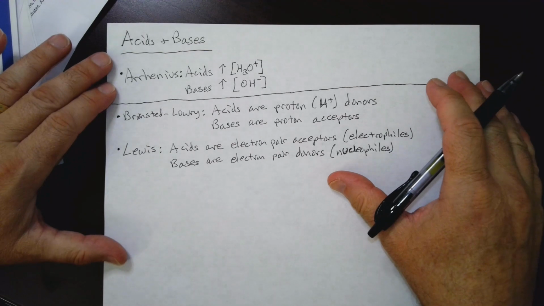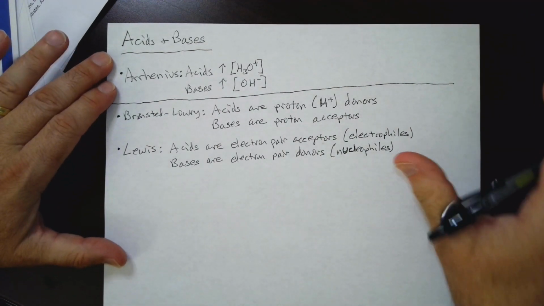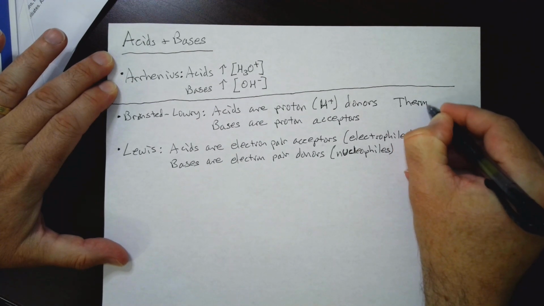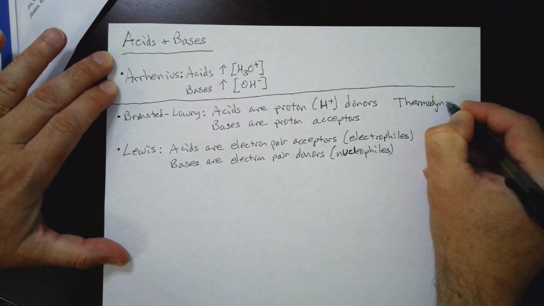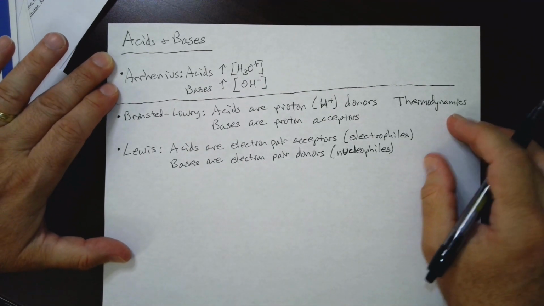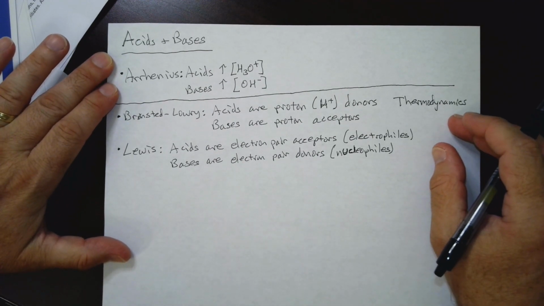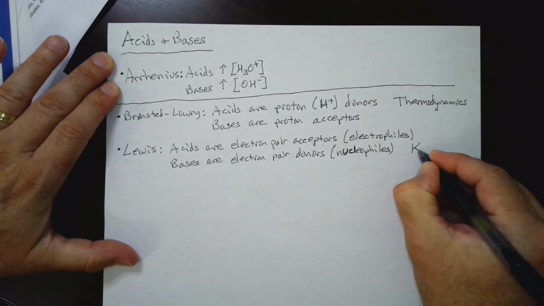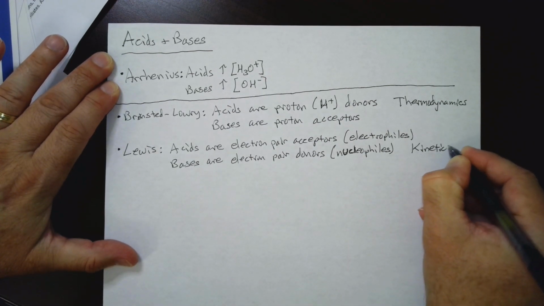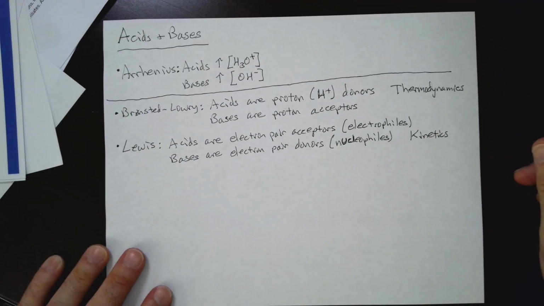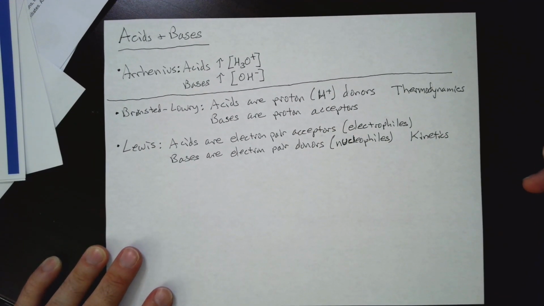And I'll point out that although thermodynamics and kinetics are important for both of these, thermodynamics is more important when we're talking about Bronsted-Lowry acid-base reactions, and kinetics would be more important when we talk about Lewis acid-base reactions.